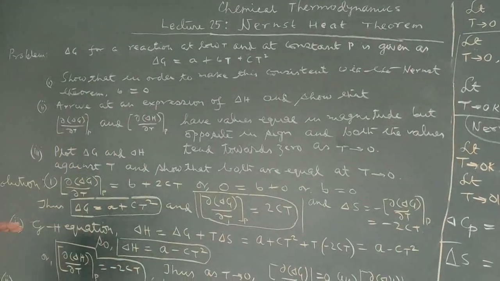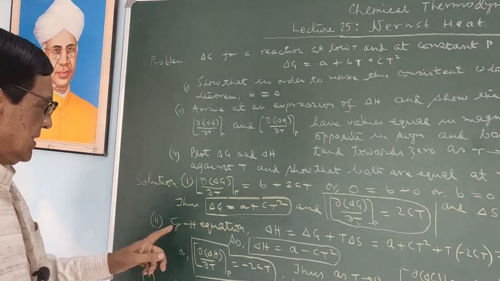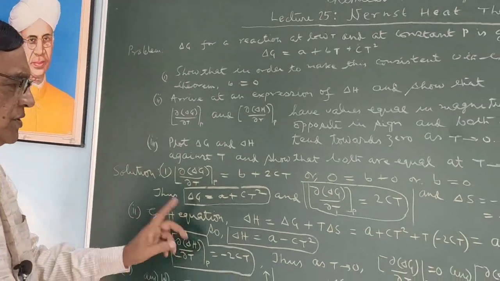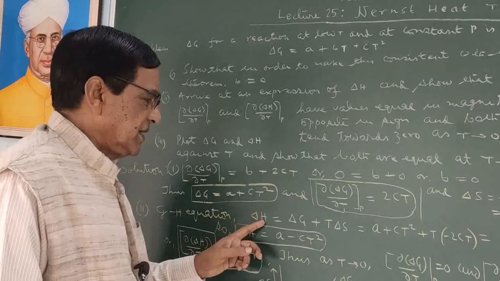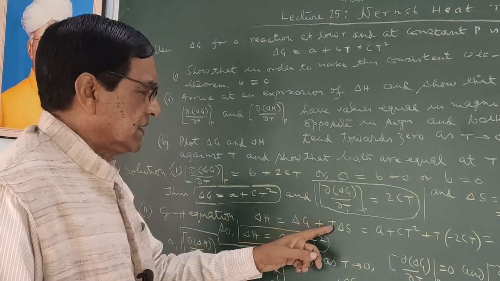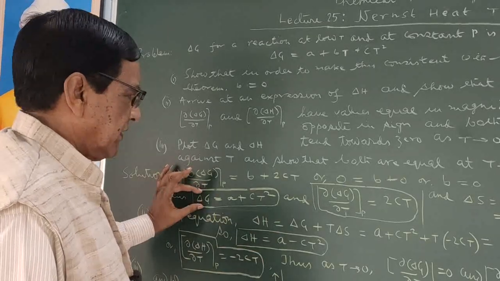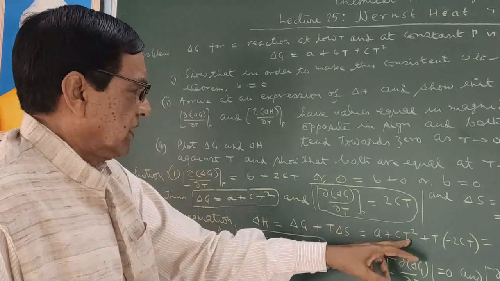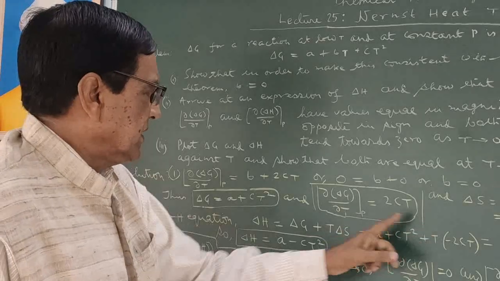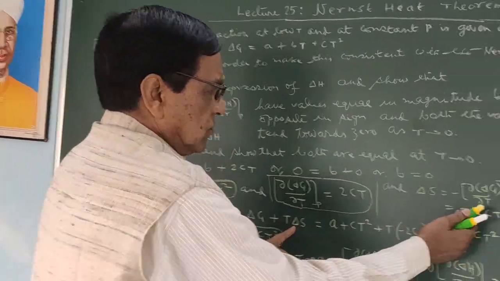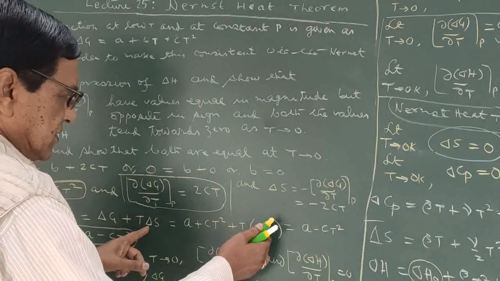So the second question: the Gibbs-Helmholtz equation shows that delta H equal to delta G plus T delta S. Delta G is having this value A plus CT square, and delta S equal to minus 2CT.